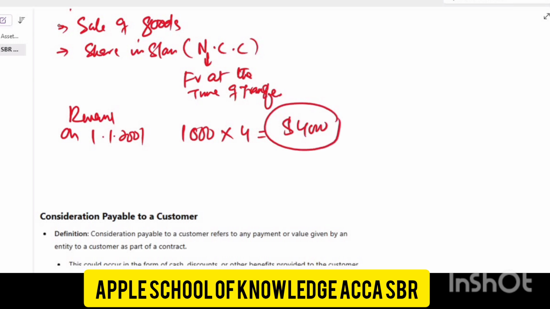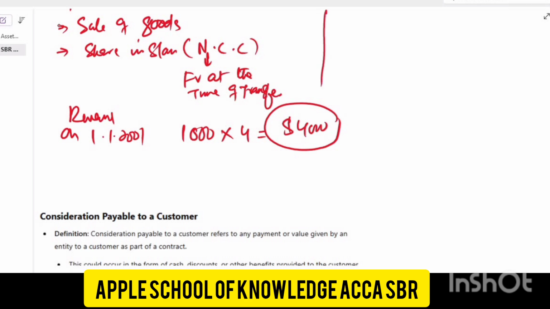On 1st January 2001, when control over the goods is transferred, the fair value of the share is $4 per share. So 1,000 multiplied by 4, you will get 4,000. Clear? So revenue is recognized at 4,000 based on the fair value of the share at the time of transfer. Clear?